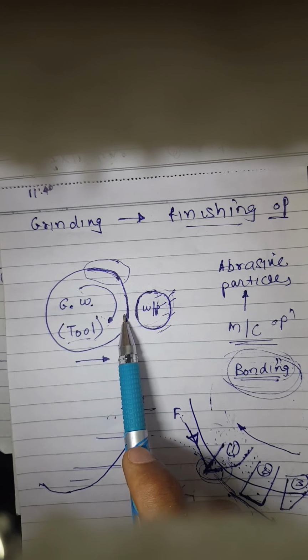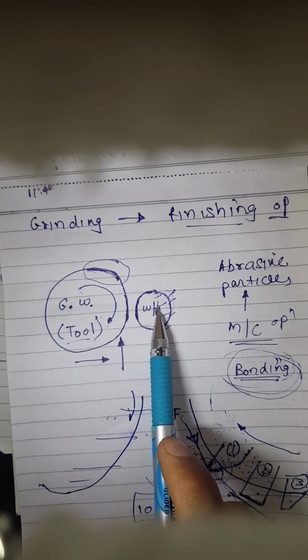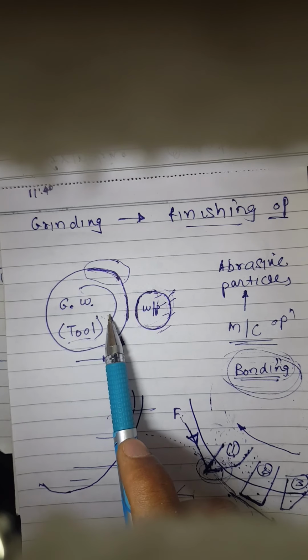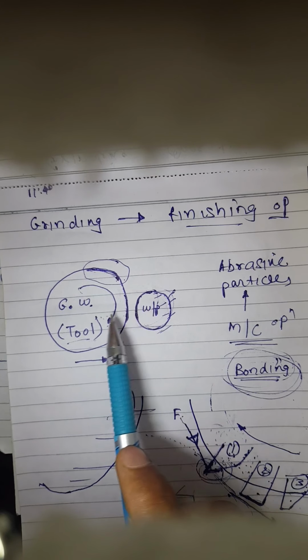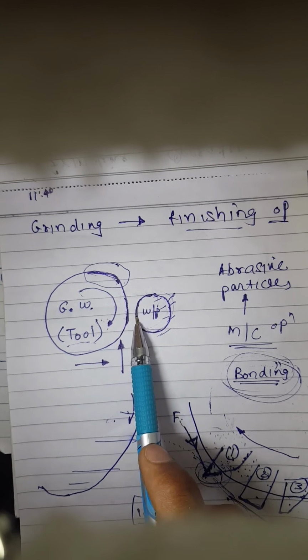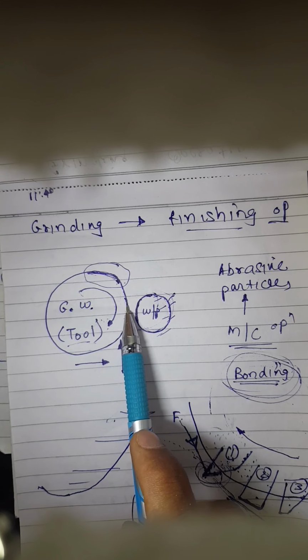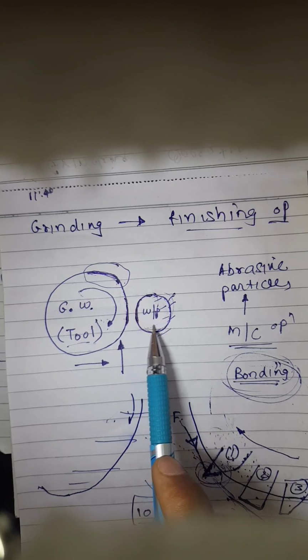If I bring some workpiece in contact with the grinding wheel, there is a relative motion between the surface of the workpiece and the surface of the grinding wheel. Basically there would be a relative velocity, and the relative velocity would result in material removal from the workpiece.